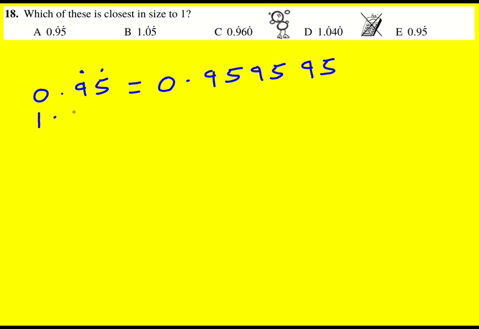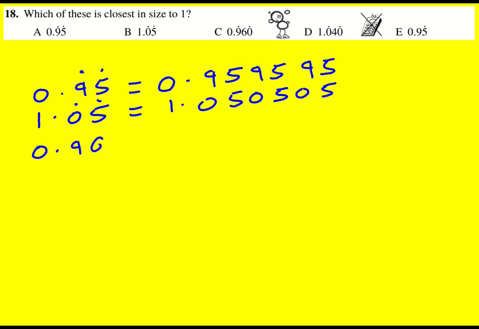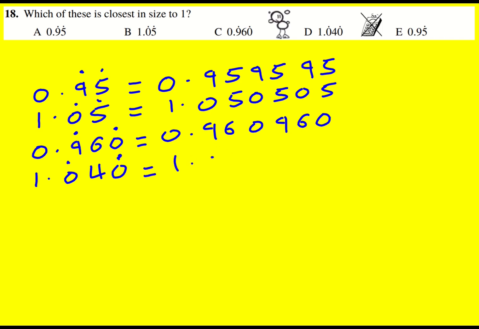The next one, 1.050505. 0.960960. 1.040040.